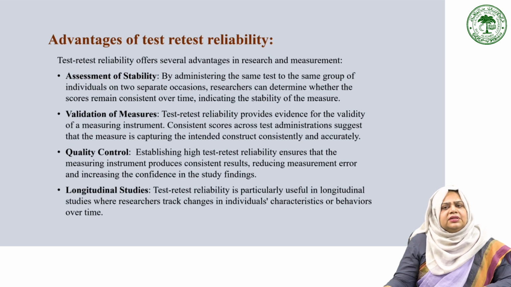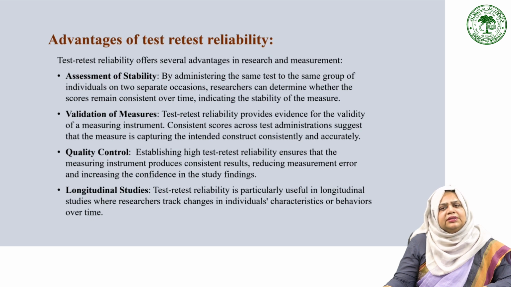Quality control is another important aspect of research as it ensures that the measuring instrument used in a study produces consistent and reliable results. So, by implementing quality control measures, researchers can minimize errors and enhance the credibility of their findings.